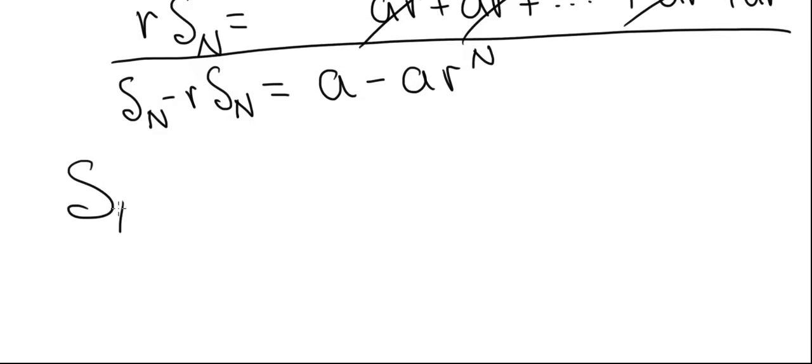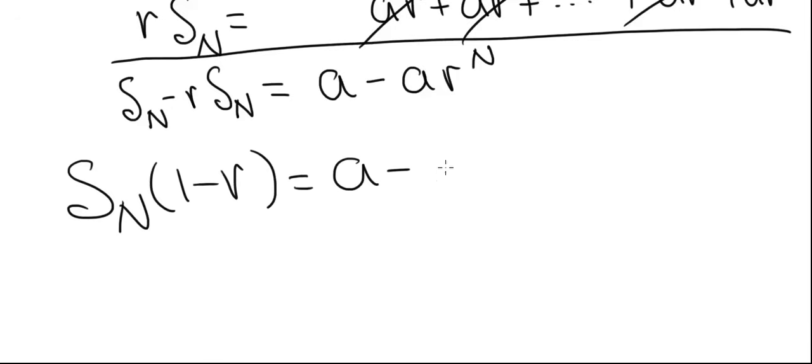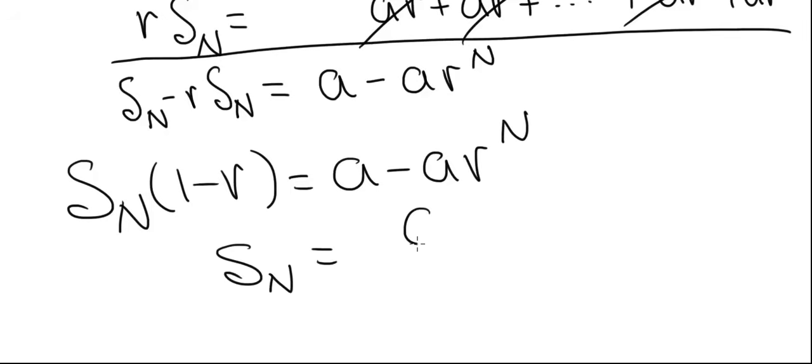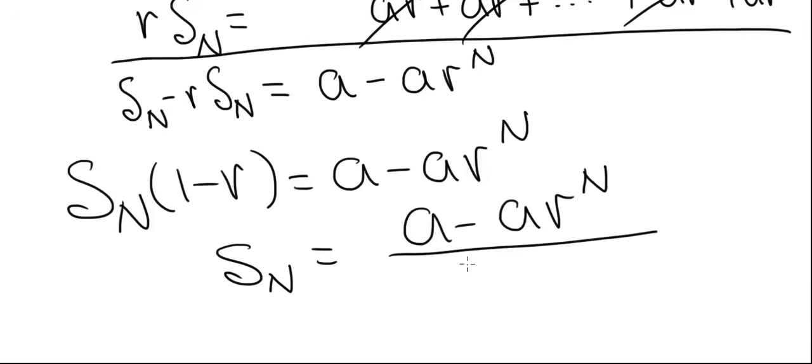So S_N comes out times 1 minus r, and that's equal to a minus ar to the N. And finally, S_N is equal to a minus ar to the N, divided by 1 minus r. This is perfectly okay since we're assuming that r cannot be 1. So we have found a formula for the Nth partial sum of a geometric series.